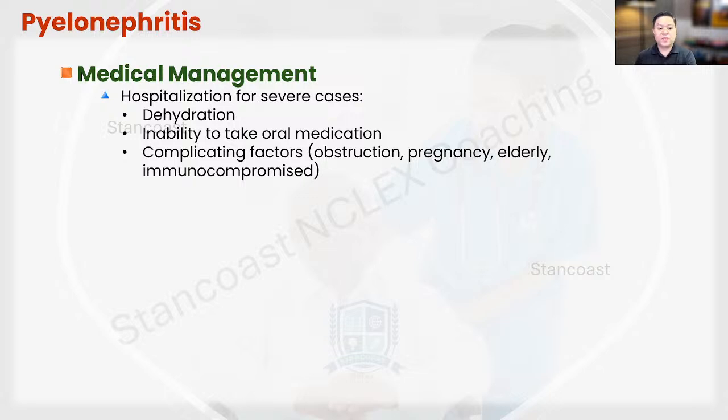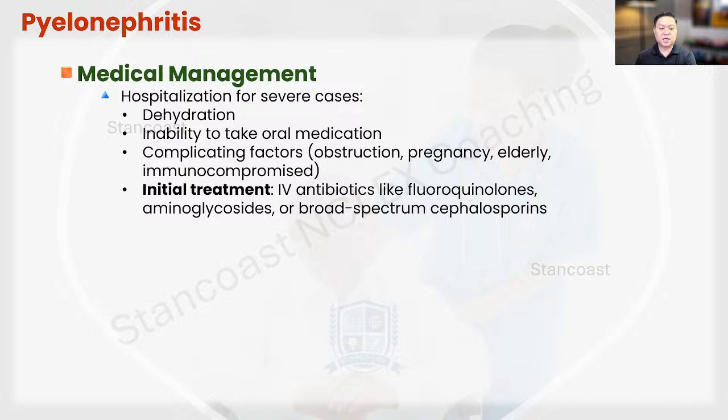And so we know that those medications are the fluoroquinolones, like Levaquin or ciprofloxacin, or the aminoglycosides, or the broad-spectrum cephalosporins. So these are the different classifications of antibiotics that will be used. And of course, this is going to be according to the type of organism that has been found in the urine culture or the blood culture.